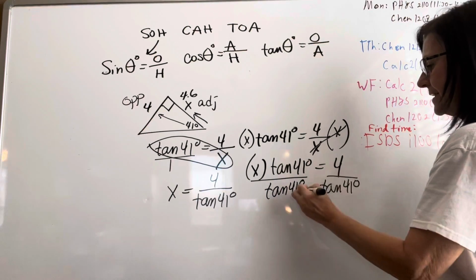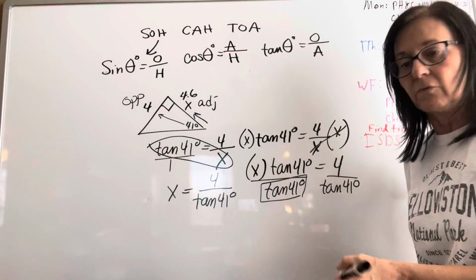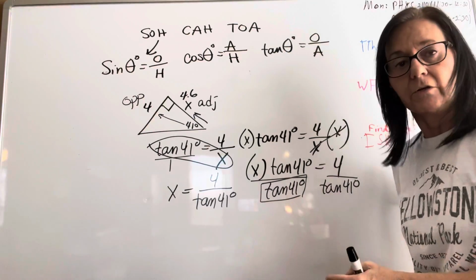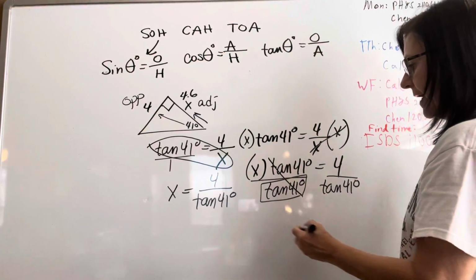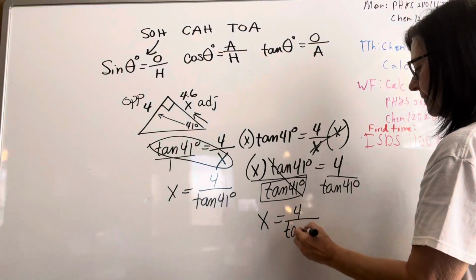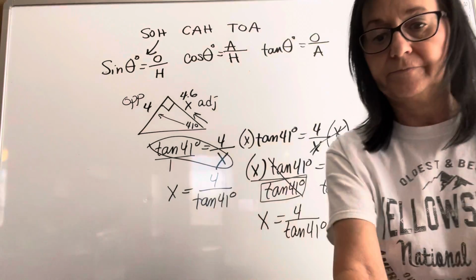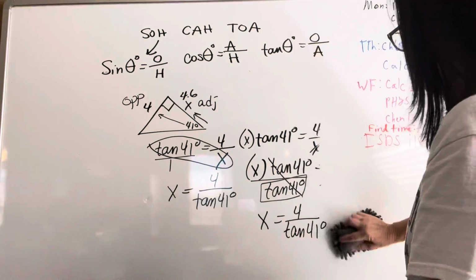Remember, this is like one value. You don't separate the word tan from the 41 degrees. So this eliminates, and we have x is 4 over the tan of 41 degrees. So swap your extremes.